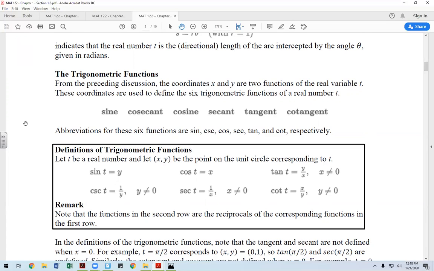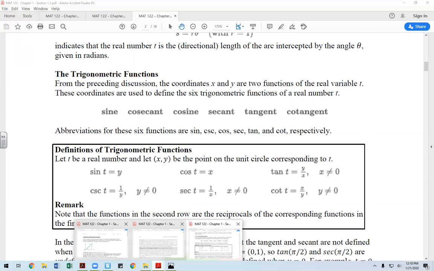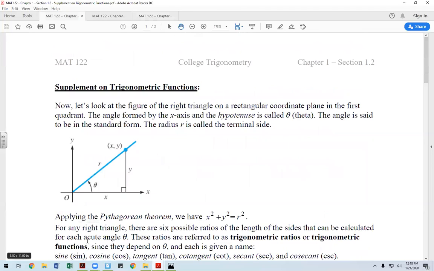So I actually want to talk a little bit about how we come up with these definitions. And for that, I want you to go to your first supplement handout, which was this one here. And we'll actually be coming back and revisiting this, but I actually like this definition better of how we come up with our ratios for sine, cosine, tangent, and all the other functions.